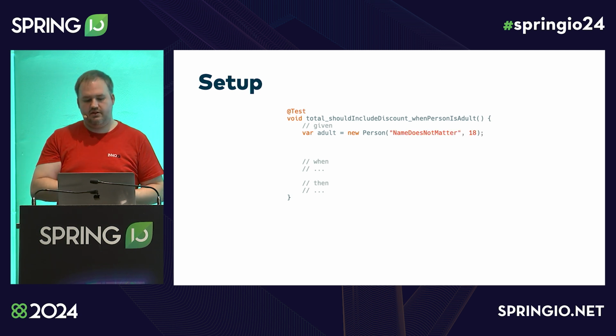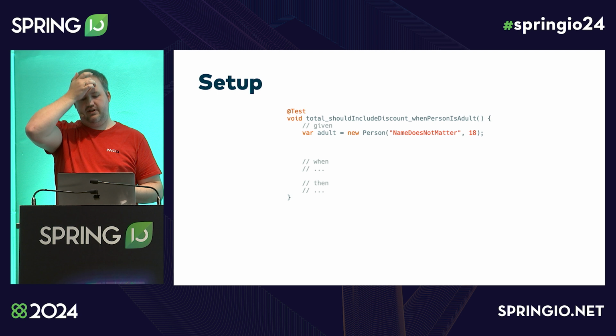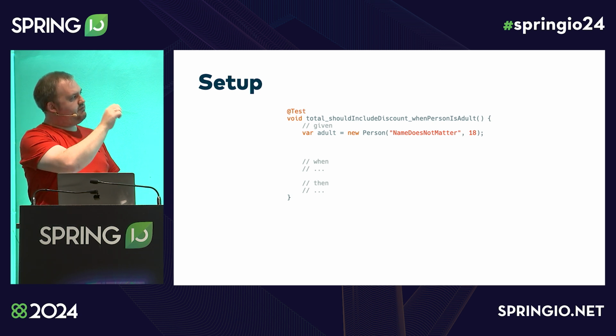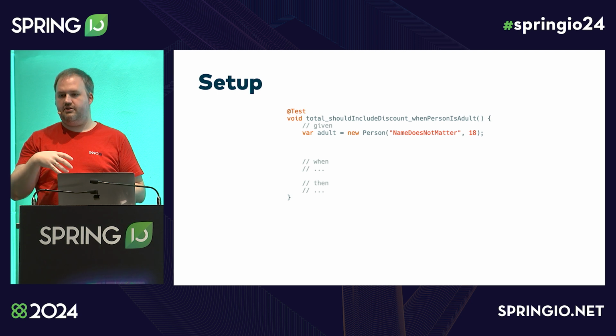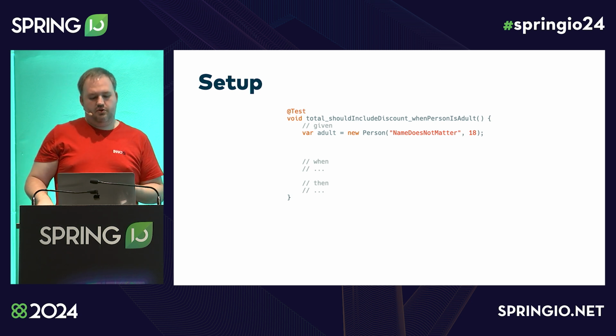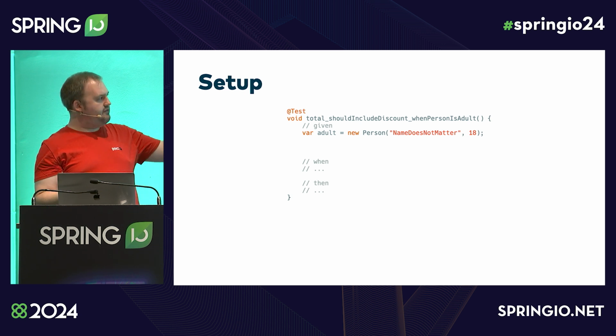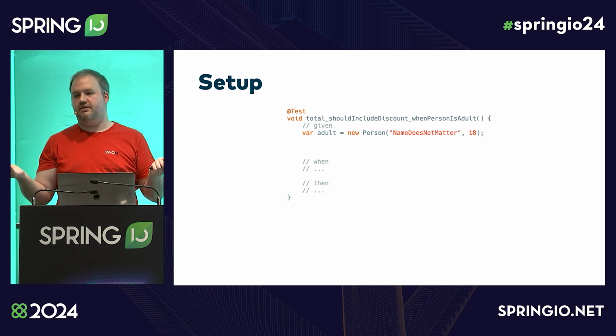So maybe why not put everything into the constructor? But now I have to even fill out the fields and properties the test does not rely on. So for the total method, the name of a person should not matter, but I have to invent some name here.